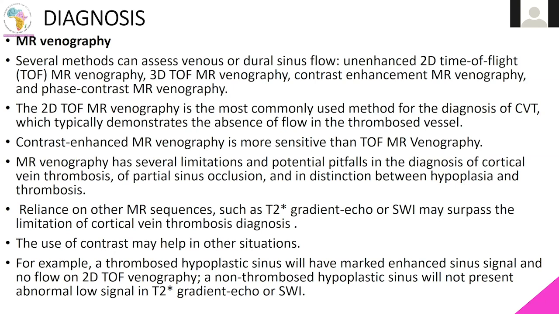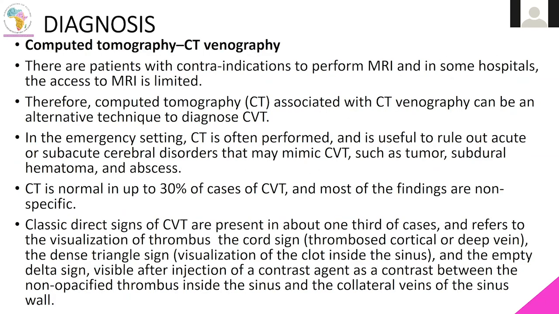The use of contrast may help in other situations. For example, a thrombosed hypoplastic sinus will have marked enhanced sinus signal and no flow on 2D TOF venography. A non-thrombosed hypoplastic sinus will not present abnormal low signal in T2 gradient echo or SWI.